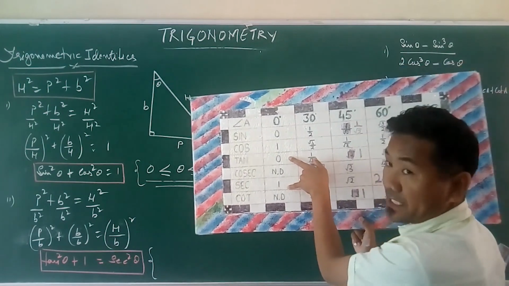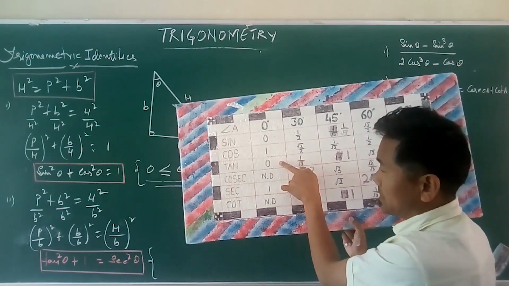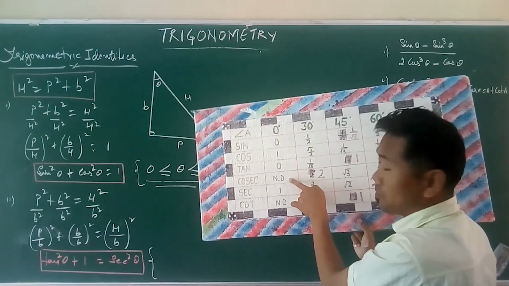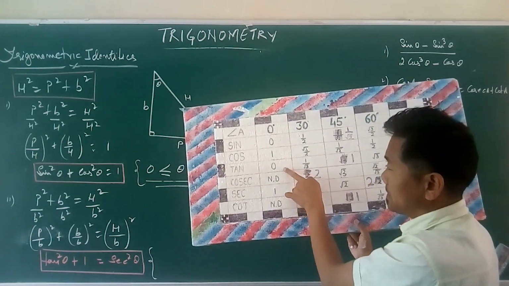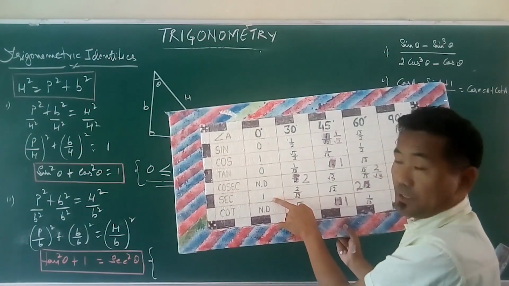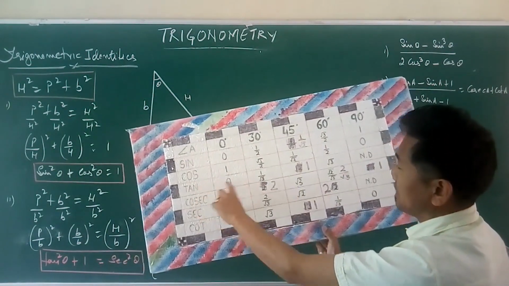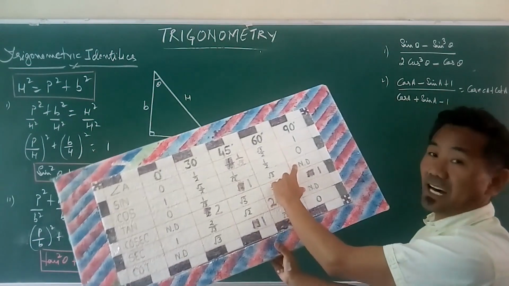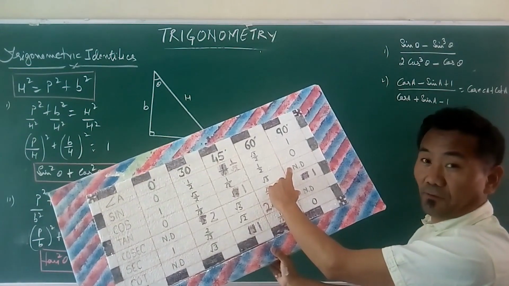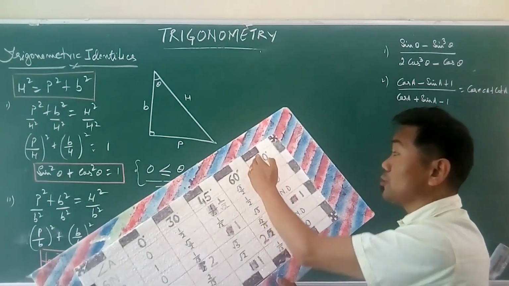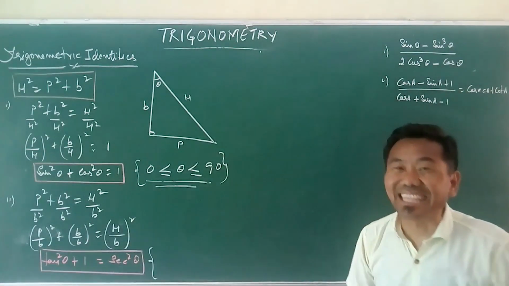The 0 is possible here. If it's 0, tangent is 0 and sec is 1. But look at the 90 value, tangent and sec, at the 90 value both of these are not defined.